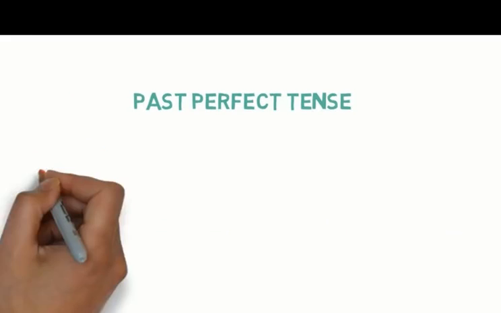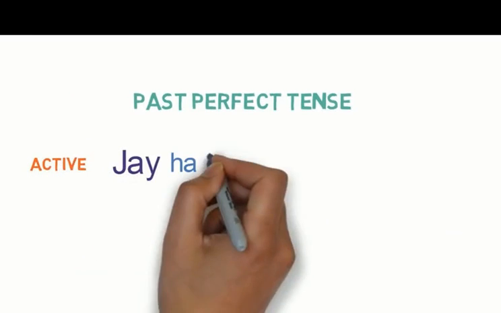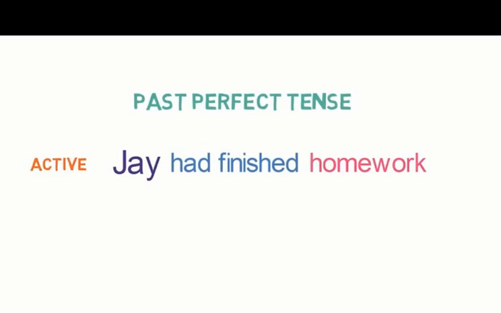Now let us see an example for past perfect tense. Active voice sentence: Jay had finished homework. So to convert into passive voice sentence, we need to identify subject verb object. So subject is Jay, had finished is verb, and object is homework.